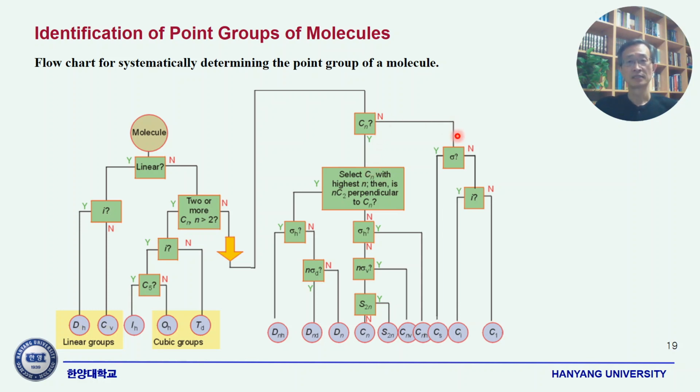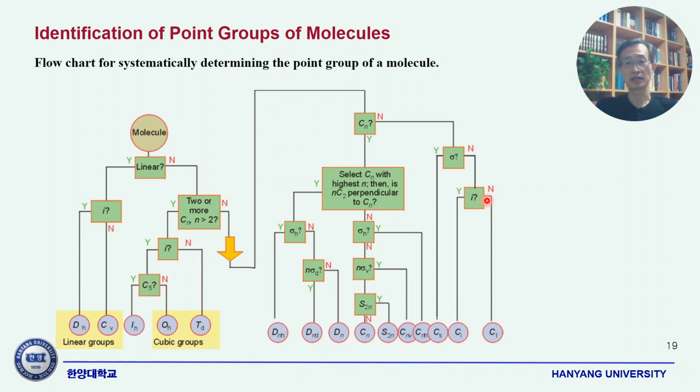If not, if there is a sigma plane, if yes, then that's Cs symmetry. And if there is an inversion center, that's Ci. If there is no inversion center, that's C1. C1 is just the same as identity. There is no symmetry except the identity operation.